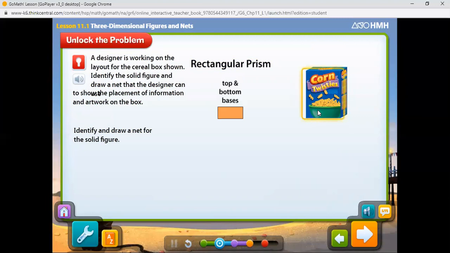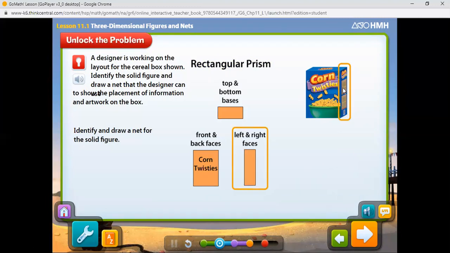So now we know what's on the top and bottom. Let's see what is in front and behind the box. The cereal box has front and back faces that are rectangles. What are the left and right lateral faces? So this was the front, and now let's see the left and right. The left and right faces are also rectangles.